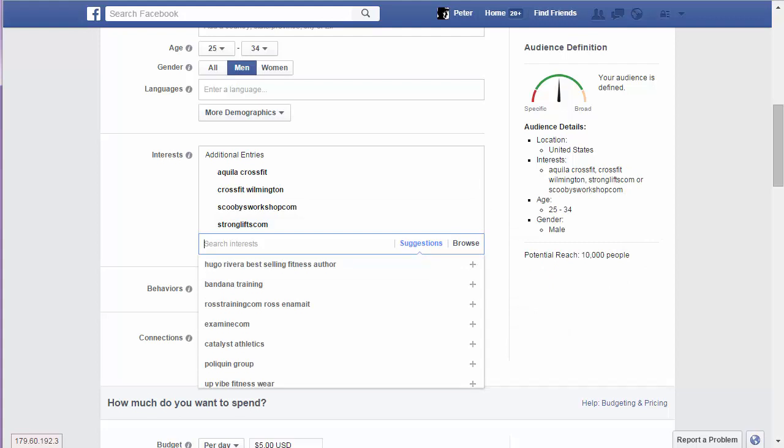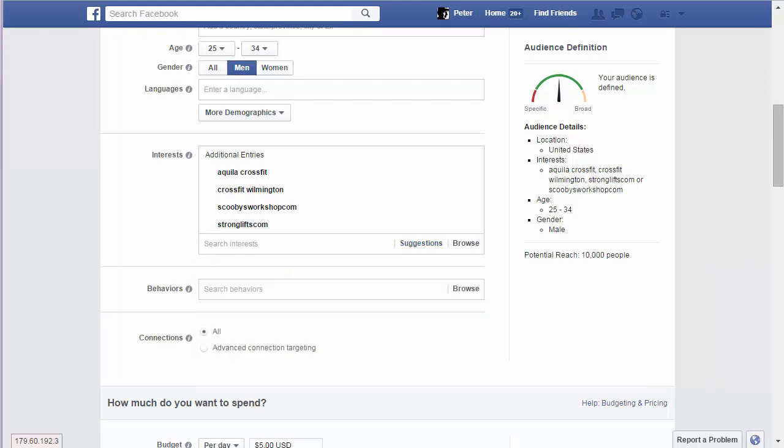And we had some others too. Where were the other ones? Oh, yeah.